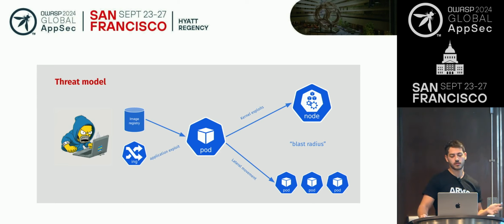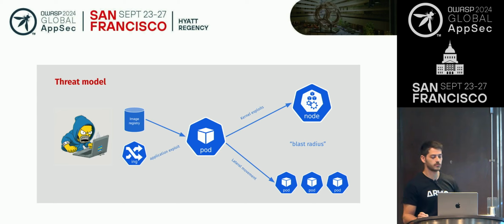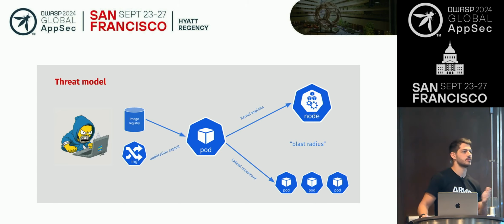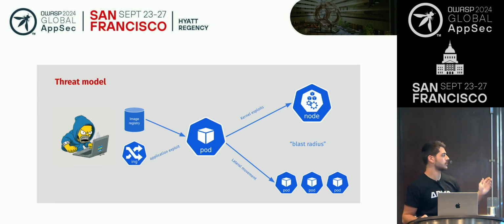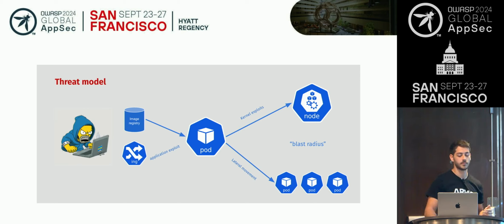And another thing an attacker can do is lateral movement inside the cluster. So by default in Kubernetes, you don't have network segmentation. You don't have too many security mechanisms that prevent an attacker from talking to different pods in the cluster, even if there are different namespaces. So you can move laterally, and then from there, it's also a bad thing.